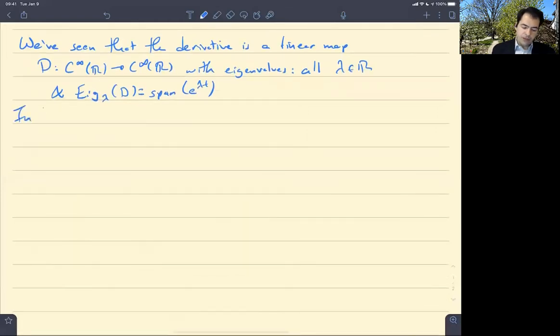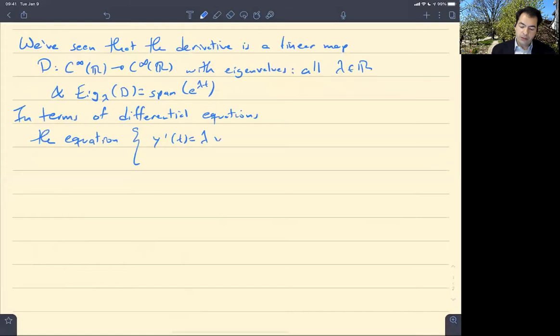In terms of differential equations, we could look at the equation y prime of t equals lambda y of t with some initial conditions, say y of 0 is equal to y naught, some fixed real number.